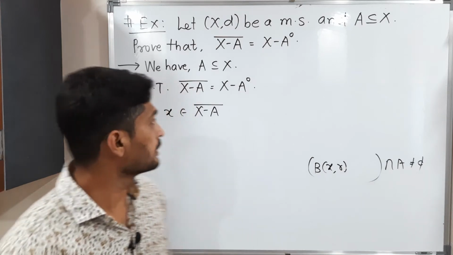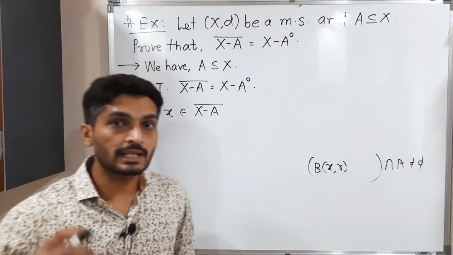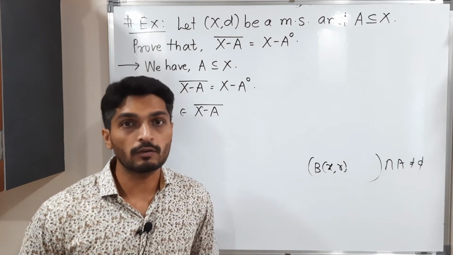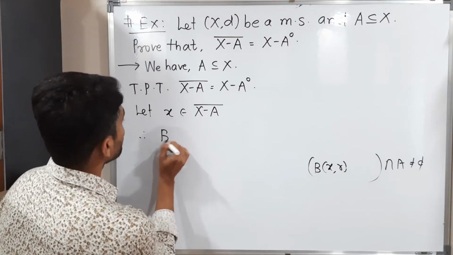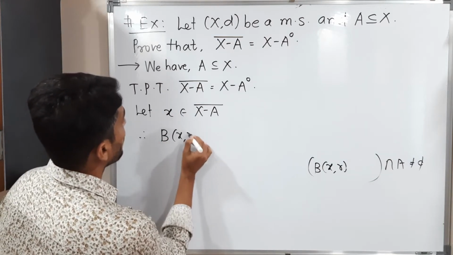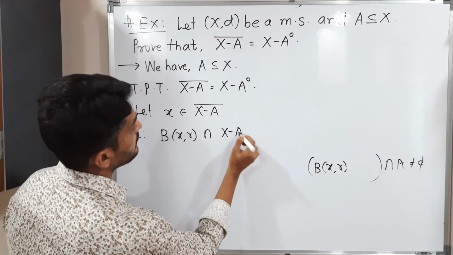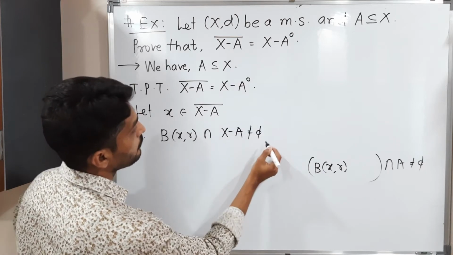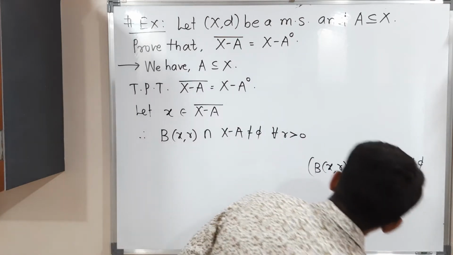So see, here we have the same kind of thing. x belongs to X minus A bar. That means x belongs to closure of X minus A. So therefore I can write, B(x, r) intersection X minus A is not equal to phi for all r greater than 0.